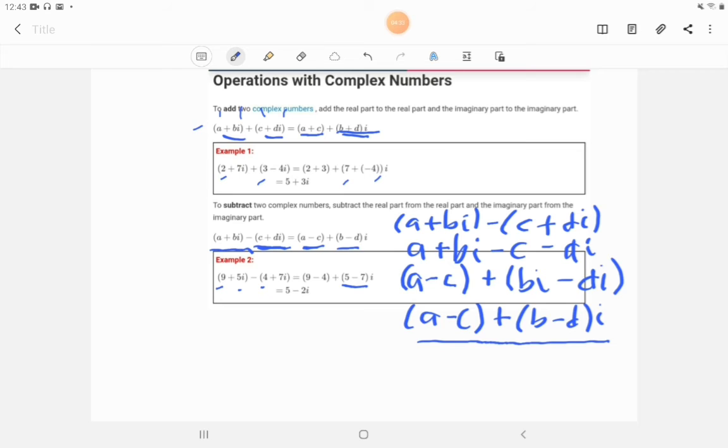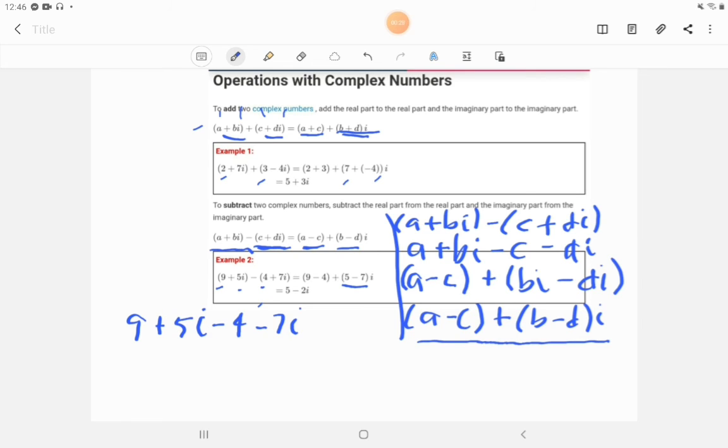Or we can also do it like this. We remove the parentheses, 9 plus 5i minus 4 minus 7i, and we distribute the negative sign. Okay.